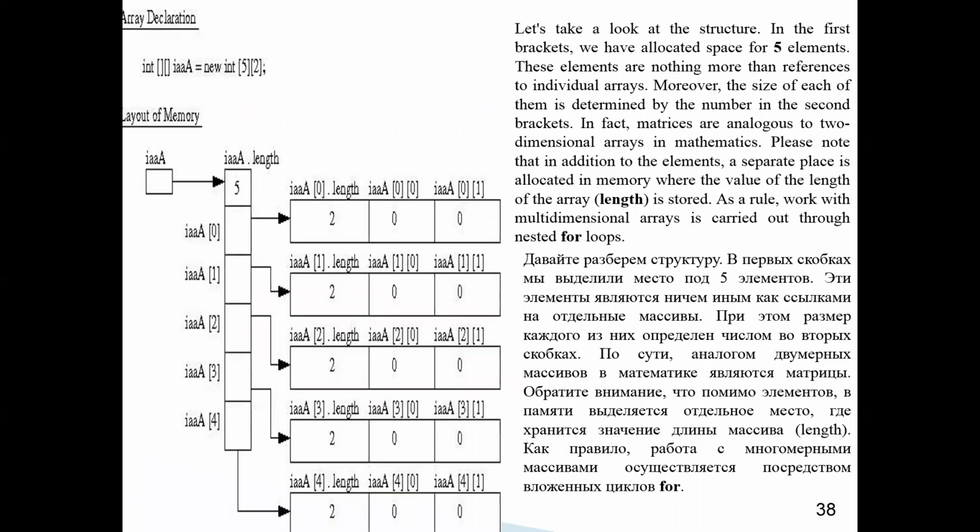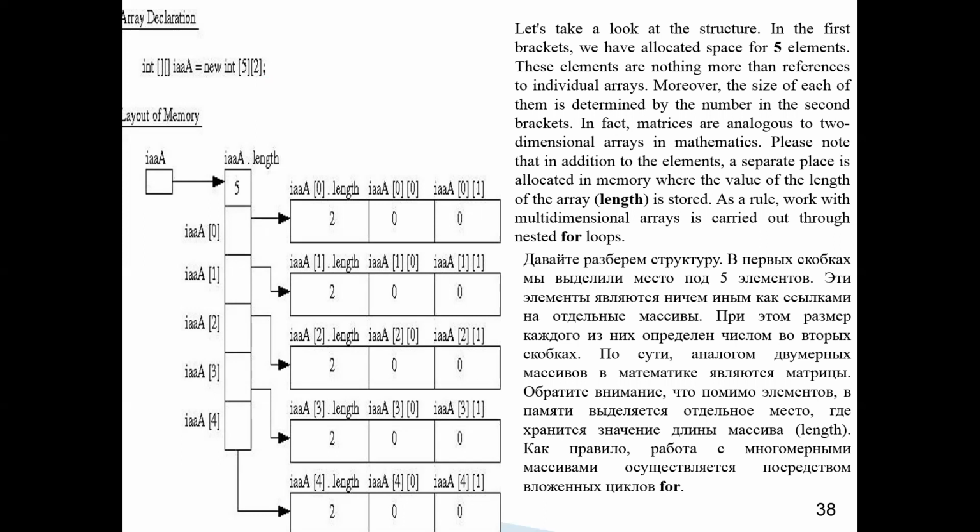Please, guys, look at the next slide. You can see a picture. Let's take a look at this structure. In these first brackets, we have allocated space for 5 elements. These elements are nothing more than references to individual arrays. Moreover, the size of each of them is determined by the number in the second bracket.